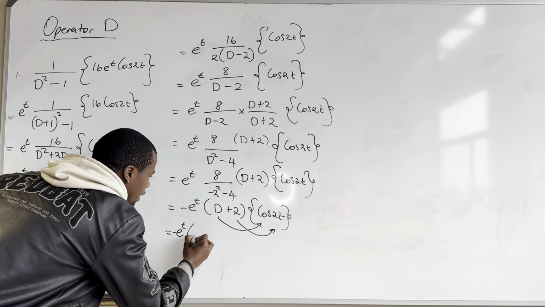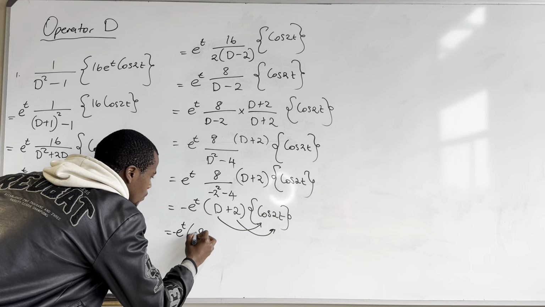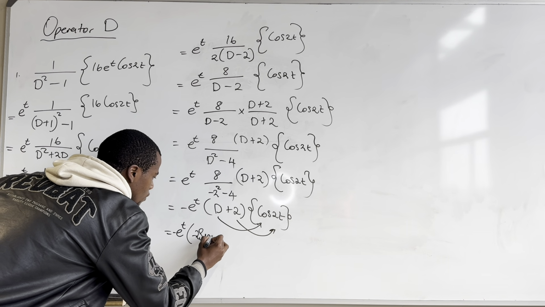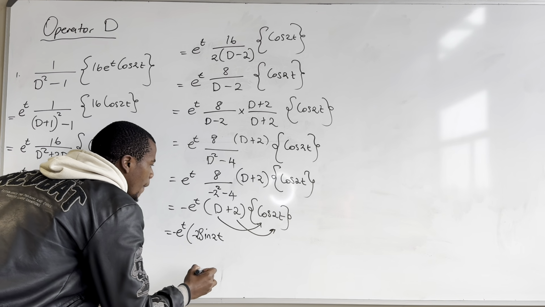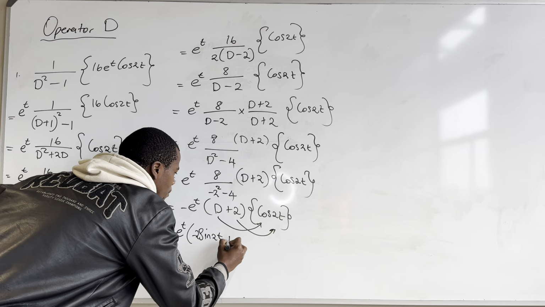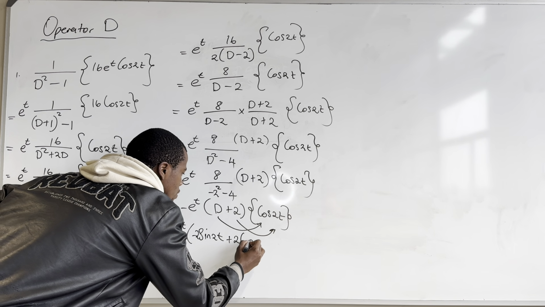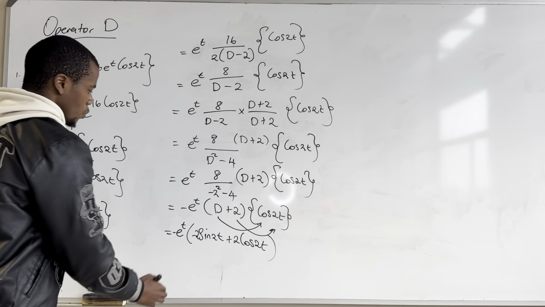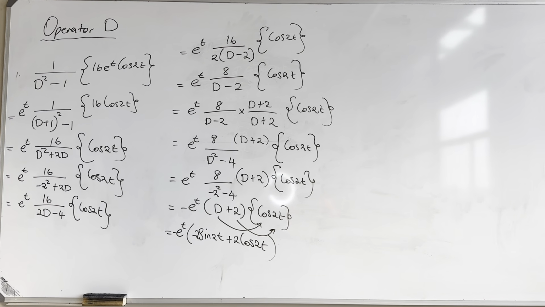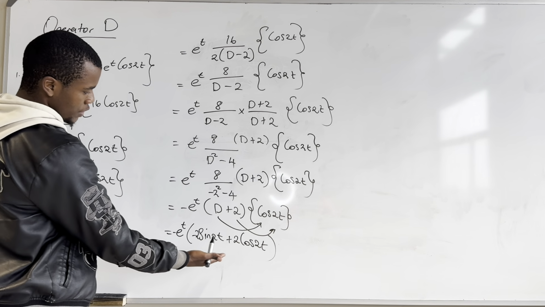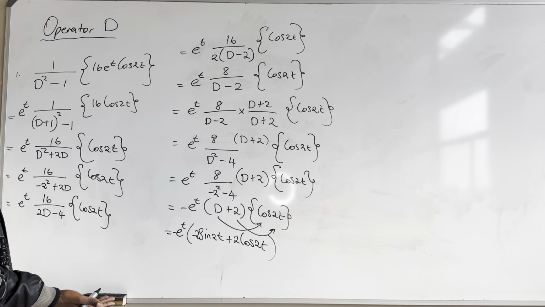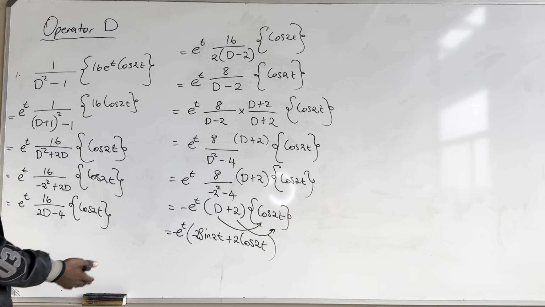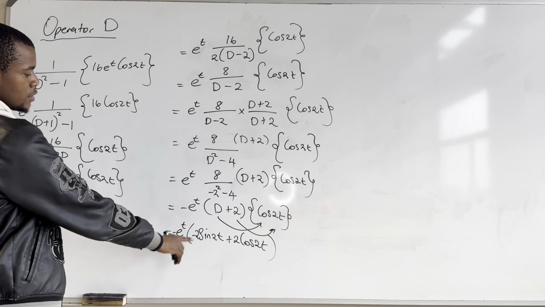We'll have a negative 2 sine 2t, and then we have a plus 2 cos 2t. Okay, so we then just distribute if there is a need, but I don't see a need to distribute, but if you like, you can just distribute this negative e to the t.